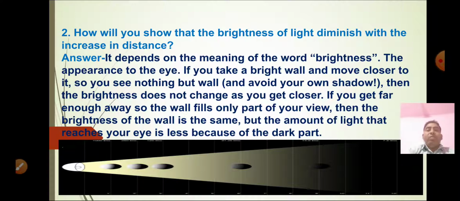The brightness does not change as you get closer. If you get far enough away, so the wall fills only a part of your view, then what happens? The brightness of the wall is the same, but the amount of light that reaches your eyes is less.